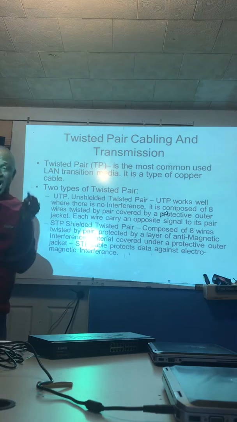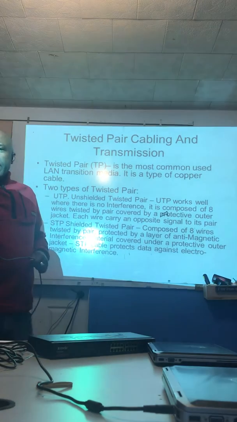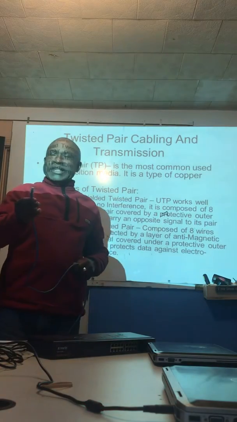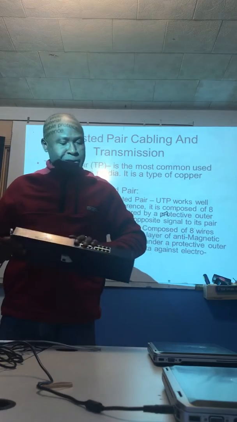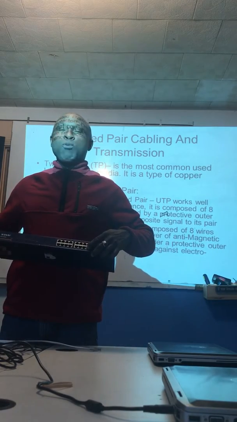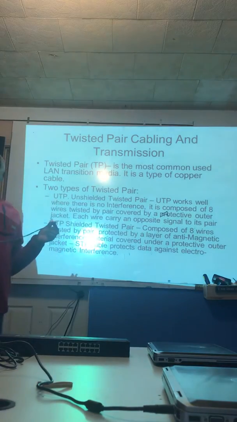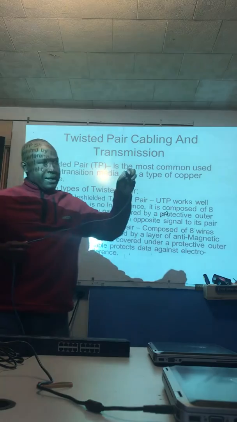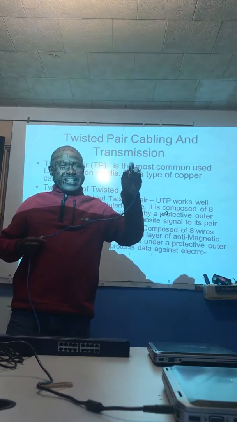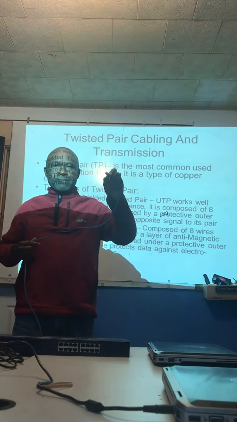They call it an RJ11. And the Ethernet jack, or RJ45 port, is designed for 8 wires. So if you look at it, the only thing you will see is that it is a little bit bigger than the telephone connector. The telephone connector is RJ11 and this is RJ45.